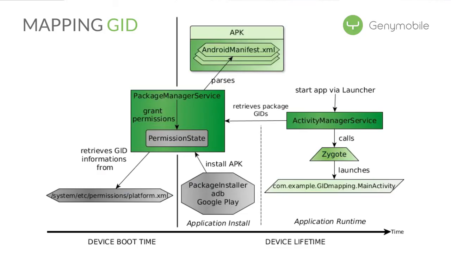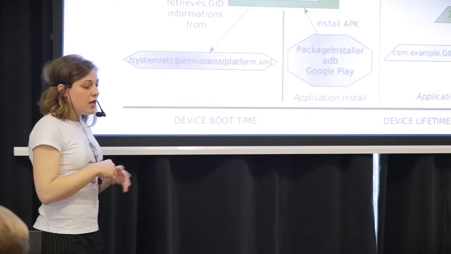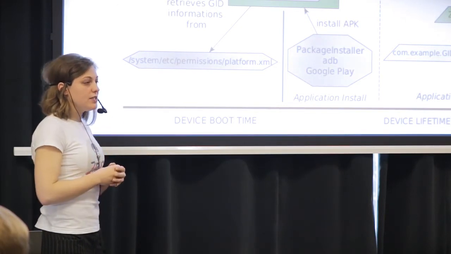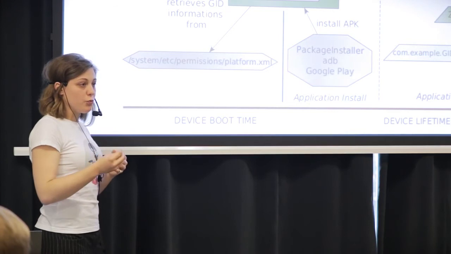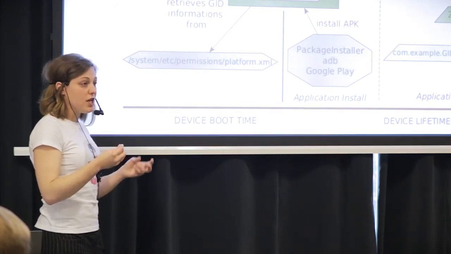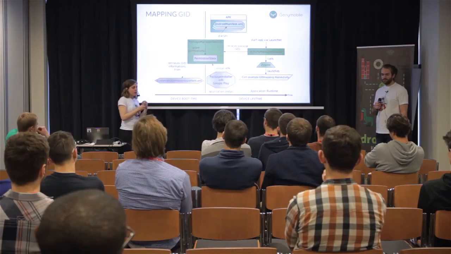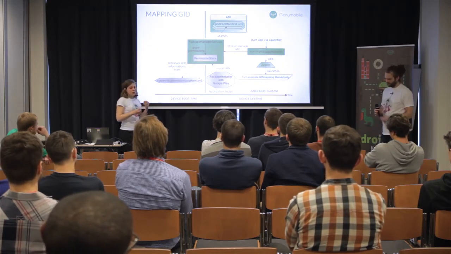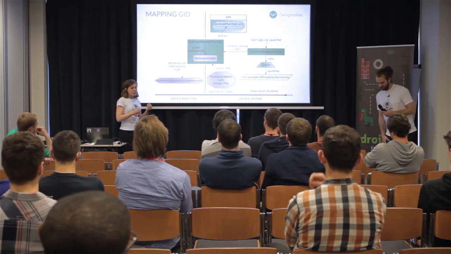So, what we haven't said right now is, remember at the beginning of the talk, we showed you a line with GIDs at the end. The other way under Linux to access some privilege is to add a user to another group, and this group has more privilege than the original one. So you can add your user to many groups. And what we call that in Android is GID mapping.